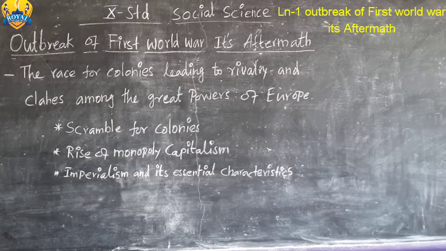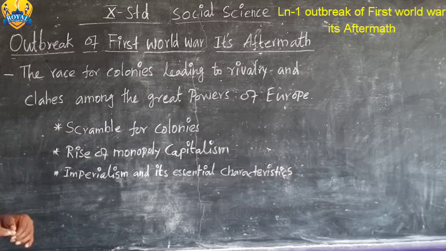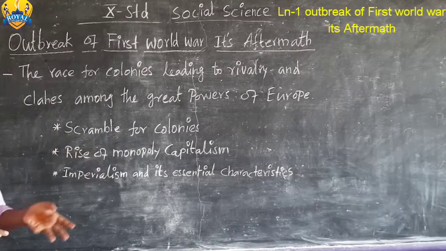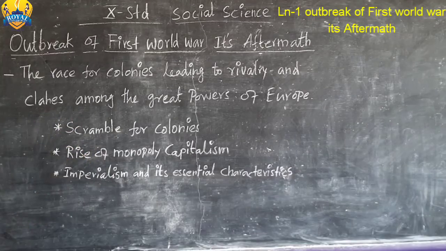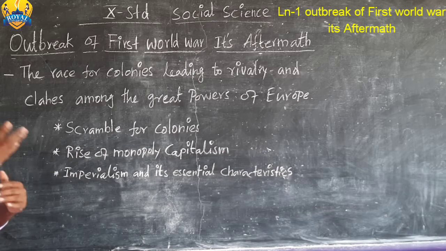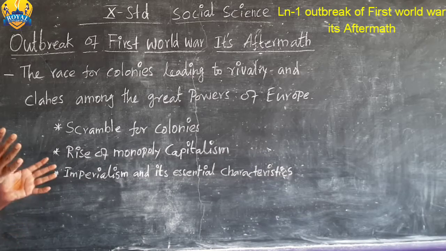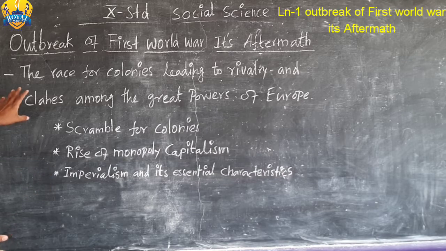The great powers of Europe were Germany, Italy, Britain, France and Russia. They had trade contact with Asia and Africa, so they wanted to further strengthen their colonies. This is the most important cause for the beginning of this war.